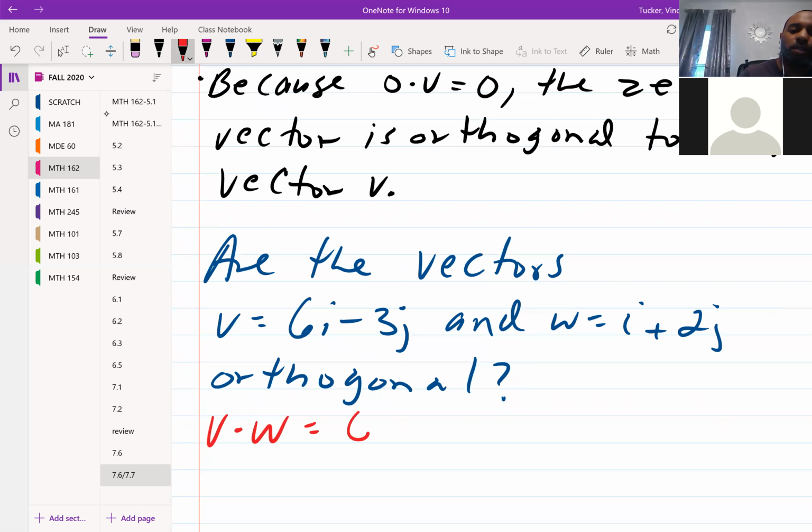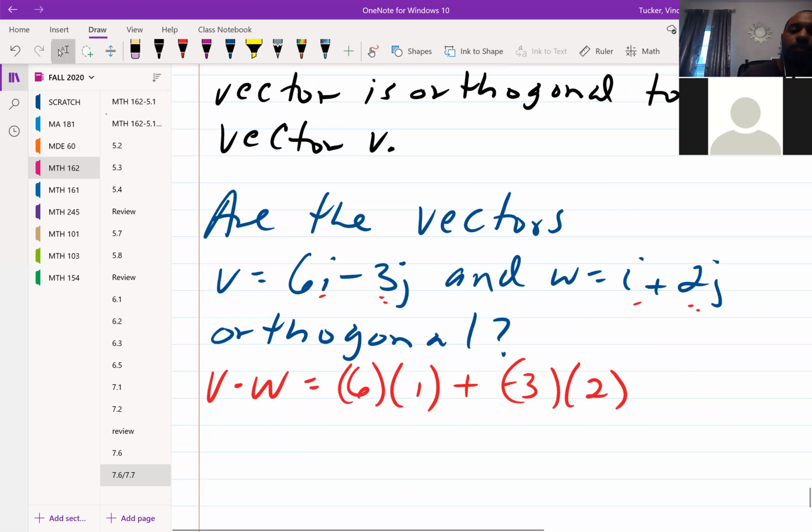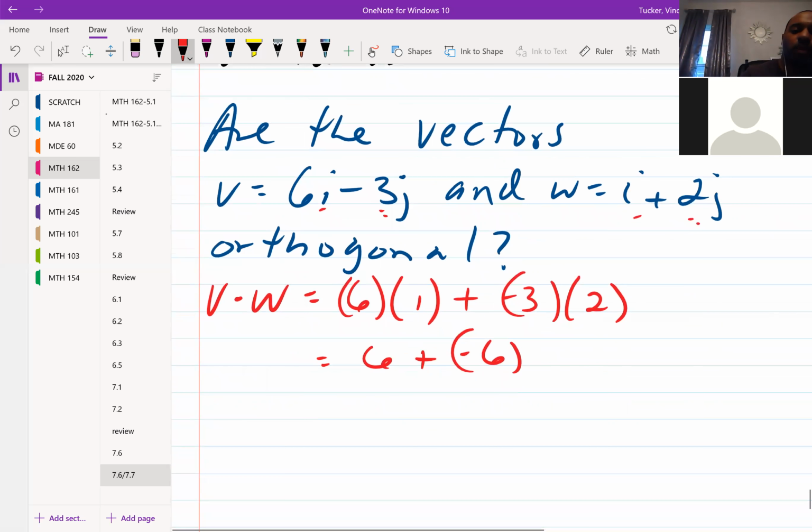So we'll take 6 multiplied by 1, those are our i terms, and add that to negative 3 times 2. 6 plus negative 6 is 0.